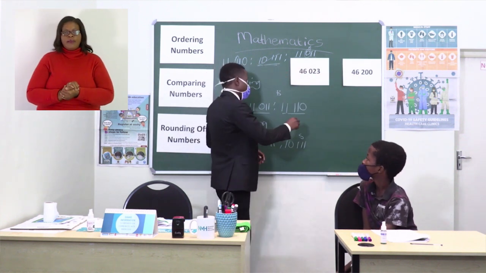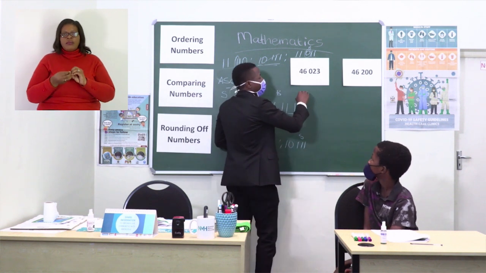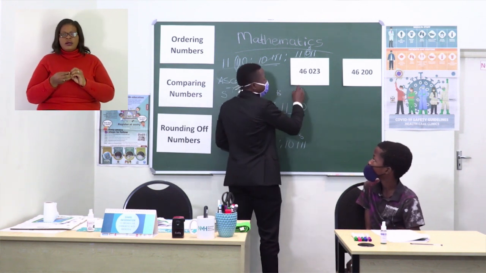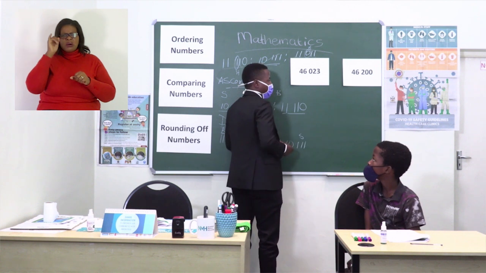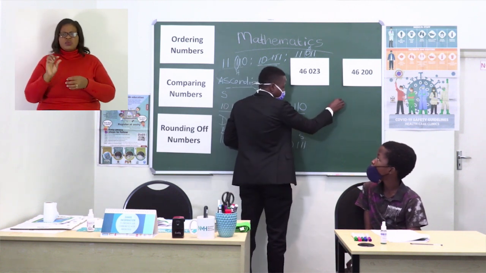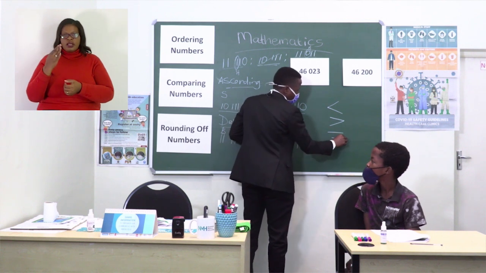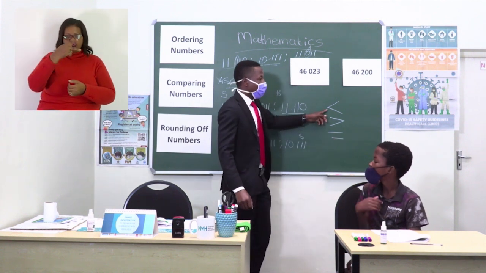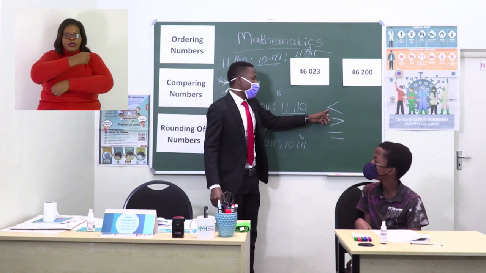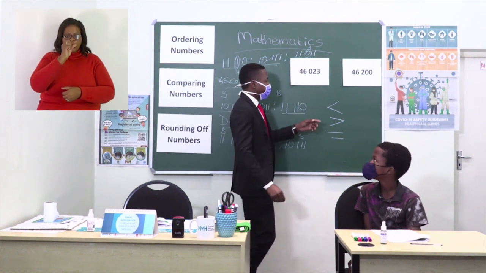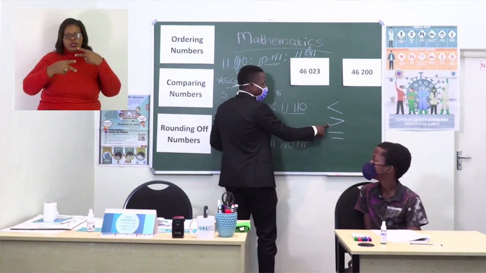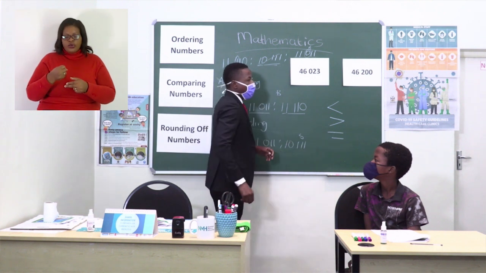Now, if you look at these numbers, it's a matter of finding out which number is bigger than the other. And we are given three signs to make use of. There is one which is called smaller than or less than, greater than, and equal to.